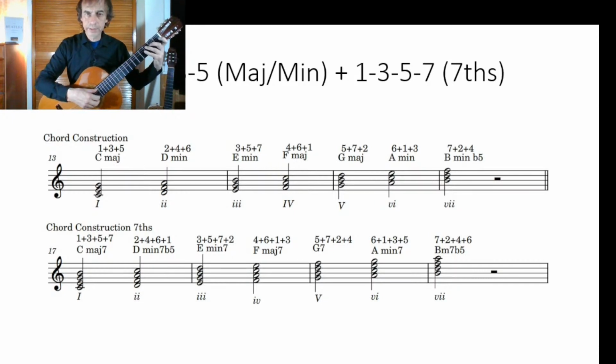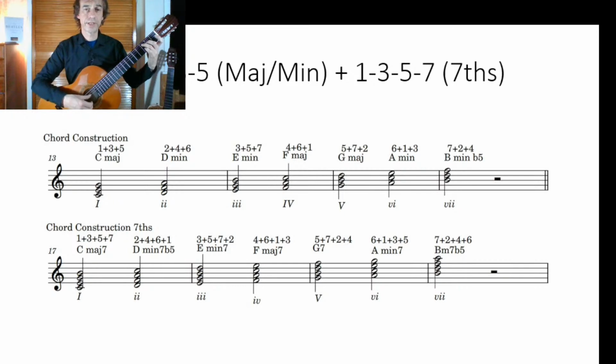Okay, so in the bottom line, we've got 1, 3, 5 and 7 from our scale. That gives us a C major 7 chord. C, E, G, B. The shapes are going to start looking a bit weird as they're stacked up in the order that they're written in. The next chord, chord 2, D, F, A, C. That should just say D minor 7.